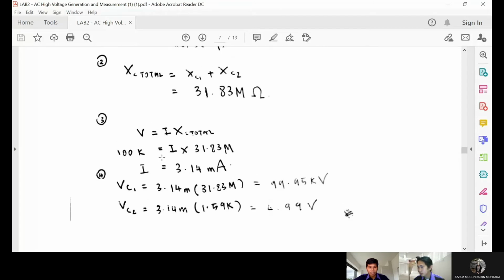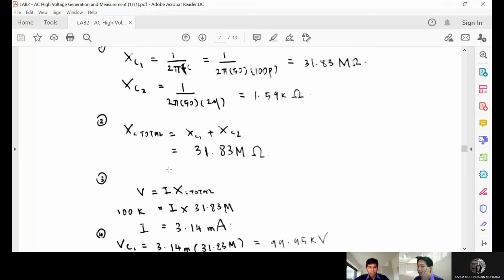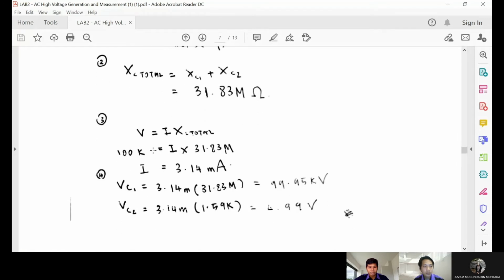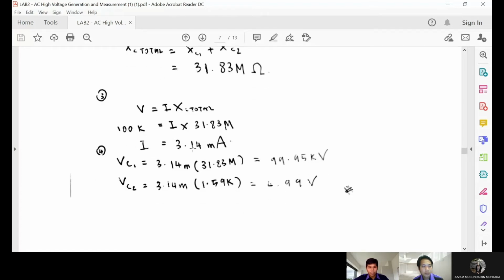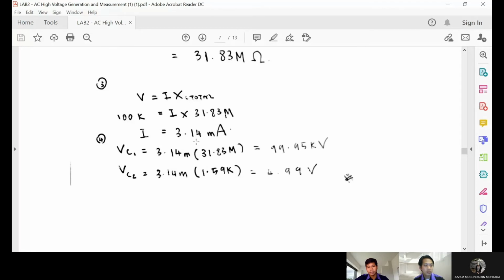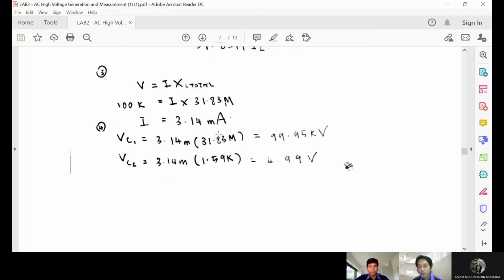current flow in the system. We use V equal to I times Xc total, which gives an I value of 3.14 milliampere.